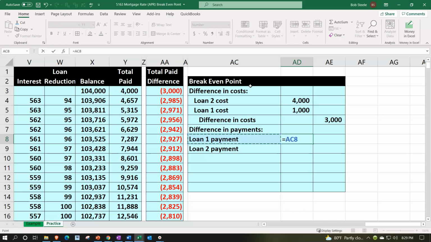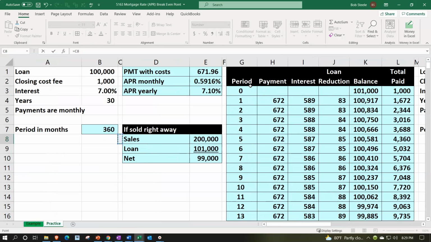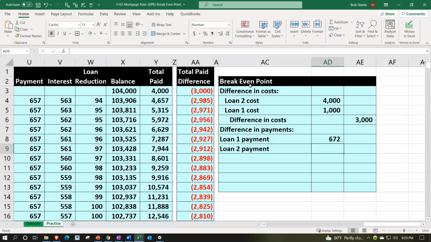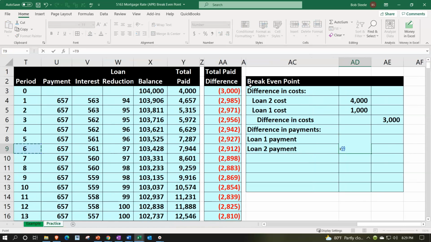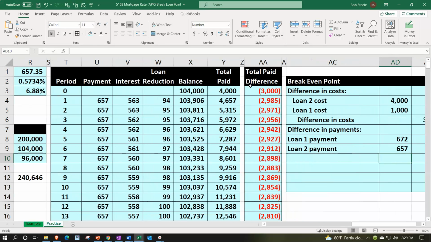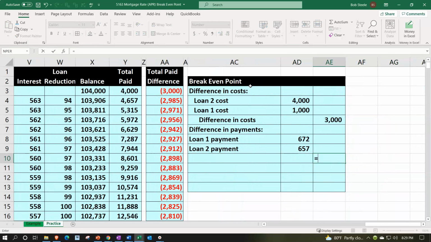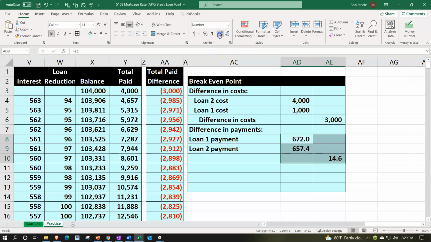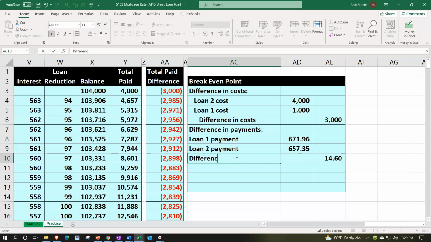Loan 1 payment, which we calculated to be $671.96. The loan 2 payment, which we calculated to be $657.35. The difference between those two is around 15. Let's add a couple decimals: 14.60. This is the total difference in payments.